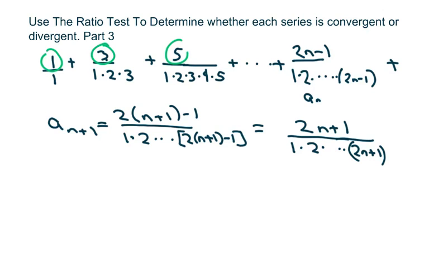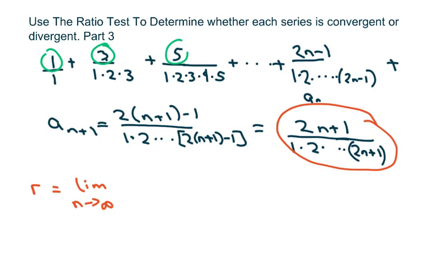And we're going to use our ratio test: the limit as n approaches infinity of my next term over my current term. The main difference is the next term has the plus 1, the nth term has the minus 1.